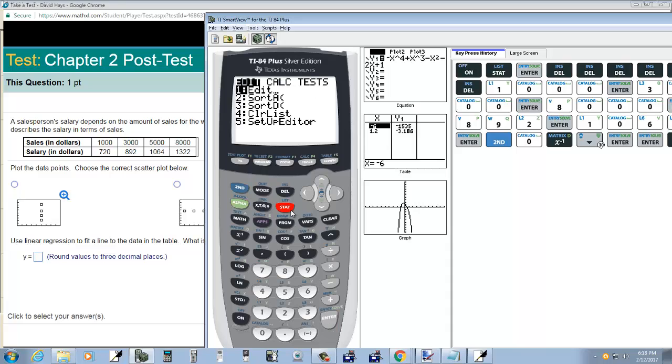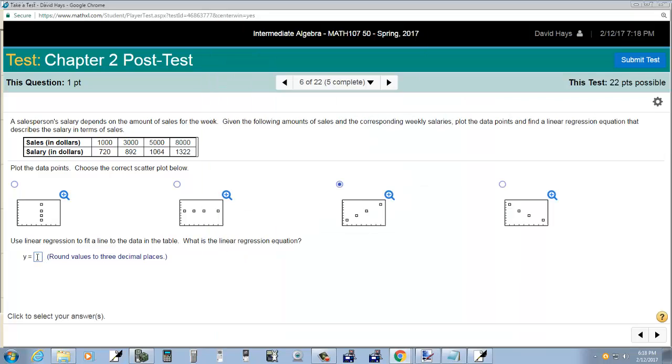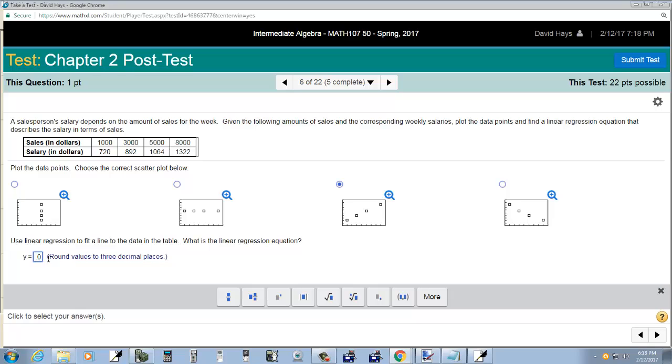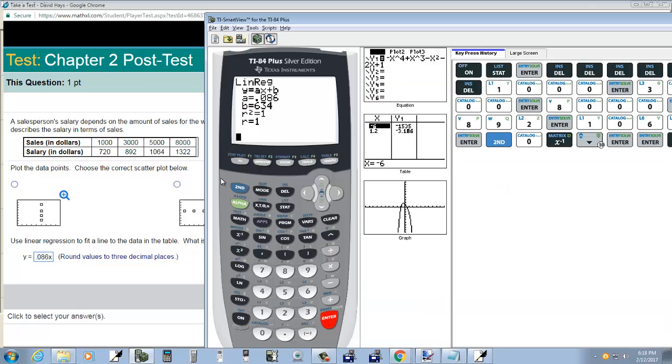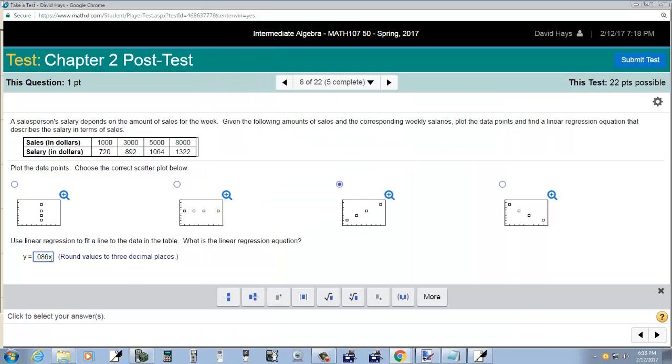Now we're going to do stat, right arrow to calc, and then choose the fourth one, linear regression, and press enter. So I'm going to plug in the a and b into this regression. I got 0.086x, and b is 634, so plus 634.